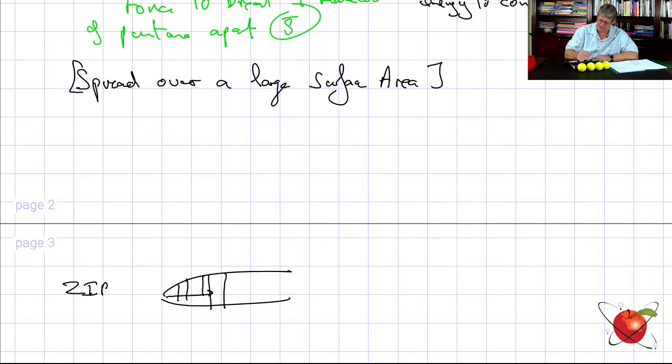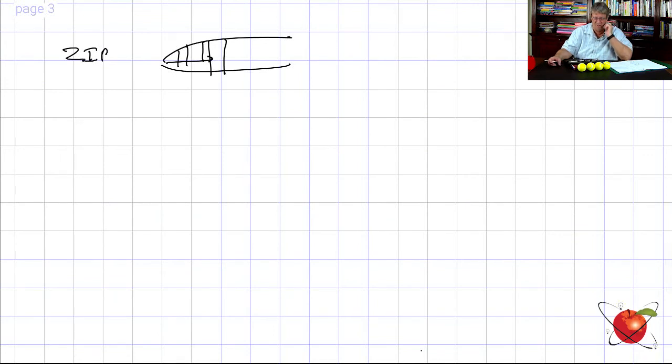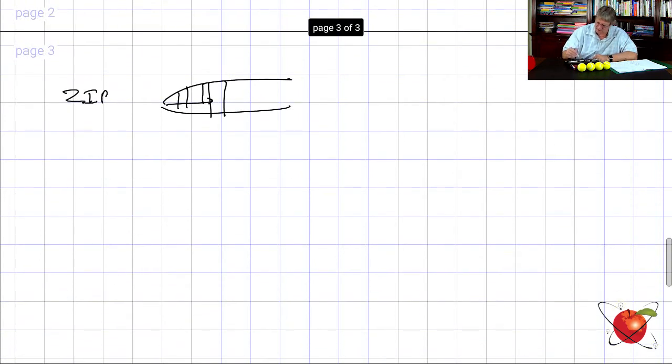Well, that's pretty obvious, isn't it? Look, there's 4 of the tennis balls, now there's 2. I've halved it and I've doubled it now, haven't I? That's pretty straightforward, and the zip tells you the same story. Just have a look at a zip: a short zip versus a long zip. Try and pull the long one apart. Much, much more. Piece of Velcro, or Velcro. There's another good one.